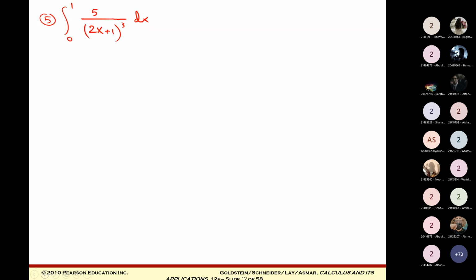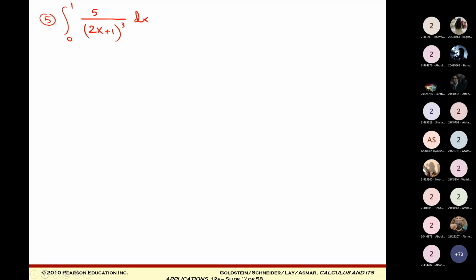Okay. Sometimes we need to apply integration by substitution, like we have definite integration. So after we find the integration and return with respect to x, we can substitute 1 and 0.